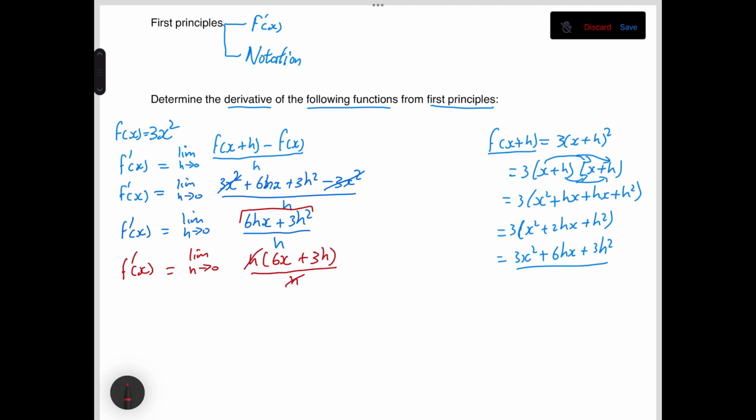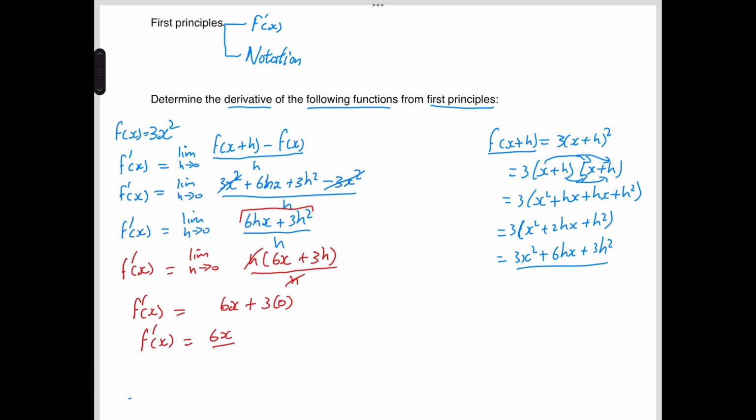We cancel out the h's because it occurs at the top and at the bottom. Now we get f'(x) equals 6x plus 3 and 0. We substitute h with 0, and then our answer is 6x. Just take note that we didn't write limit h strives towards 0 in the second last step, because we replaced h with 0.